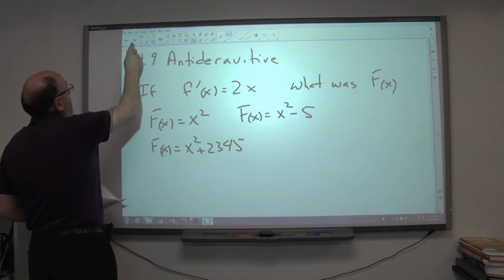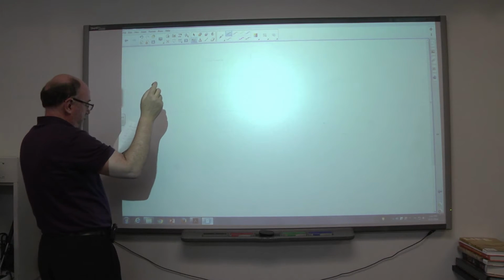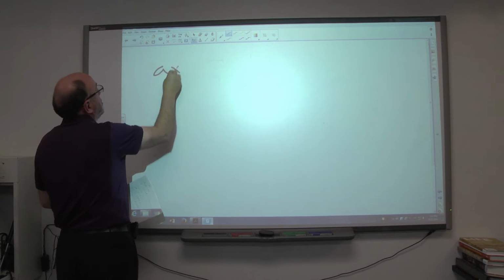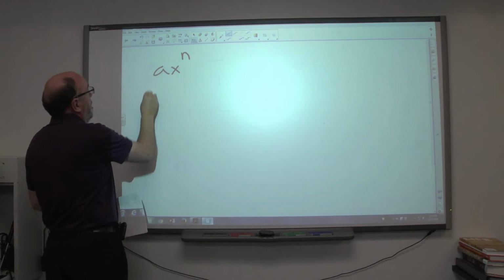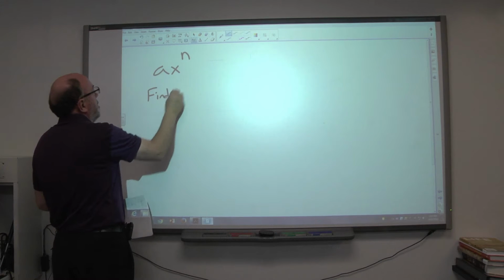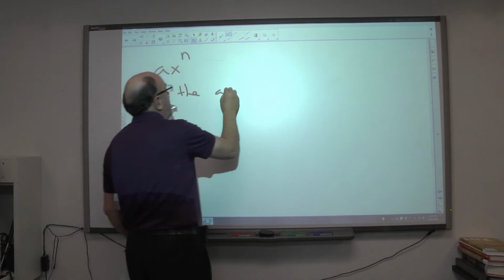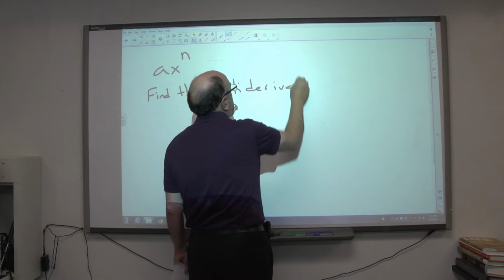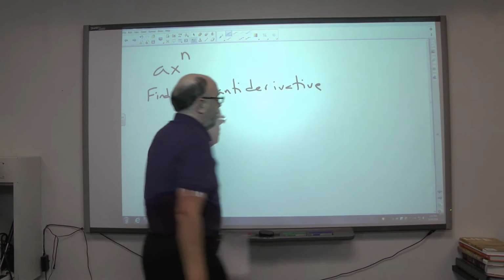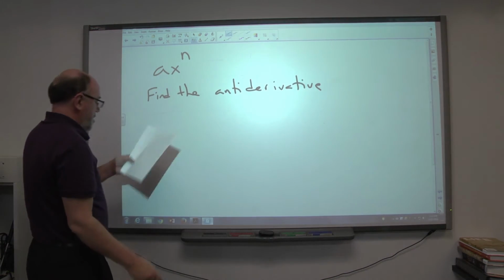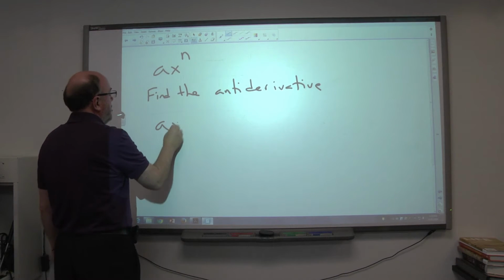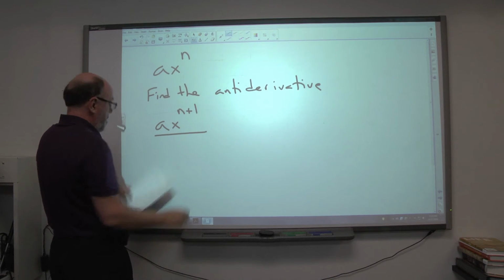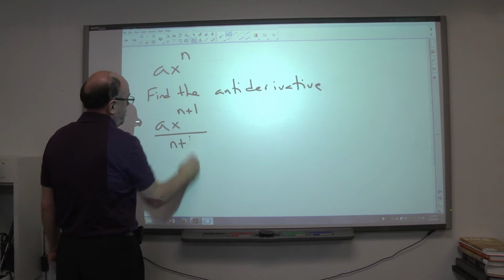So given that we have ax to the n, and we want to find the antiderivative, the way we do this is we're going to have ax to the n plus 1 over n plus 1.